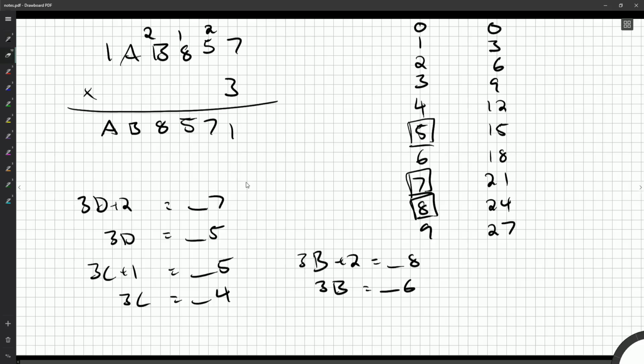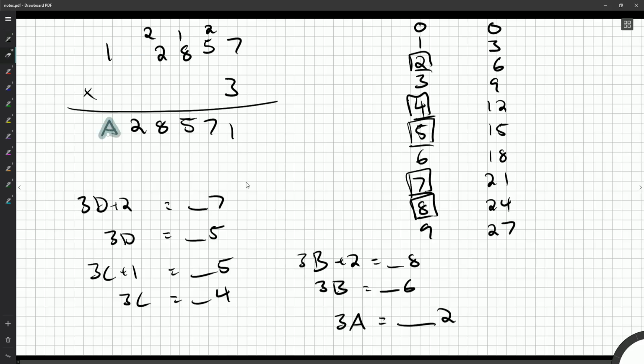So B is going to be 2. And we have 3 times 2 is 6, plus 2 is 8. Carry nothing. So 3A needs to end in a 2. Well, that singles out A is 4.